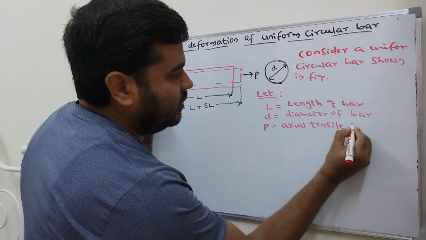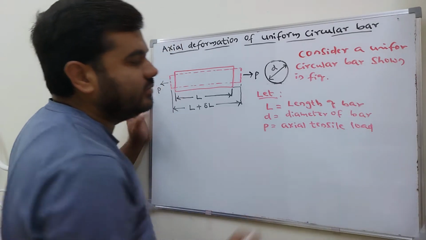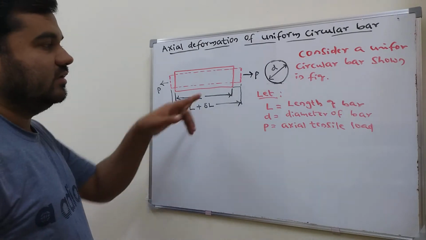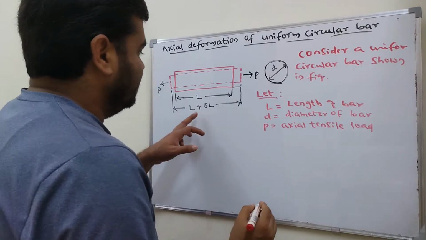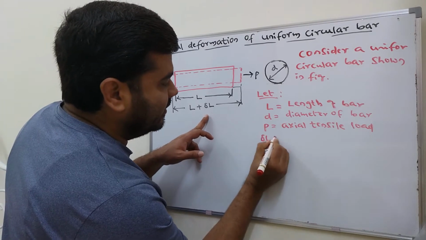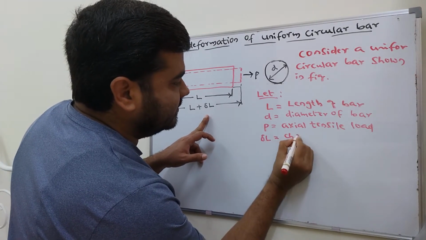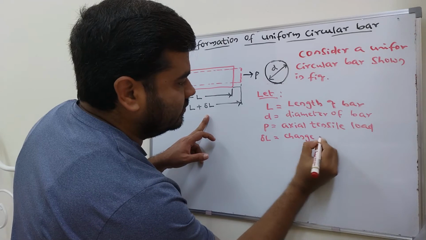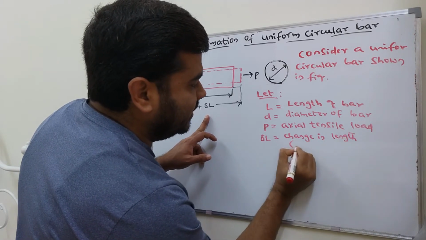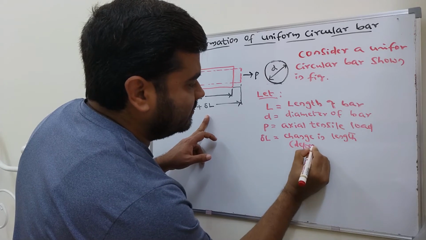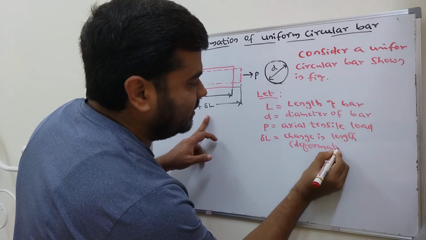Axial means it will be acting along the axis of the bar. So that is called axial tensile load. Next, delta L equal to change in length or deformation. It is also called deformation. How much deformation happens here?